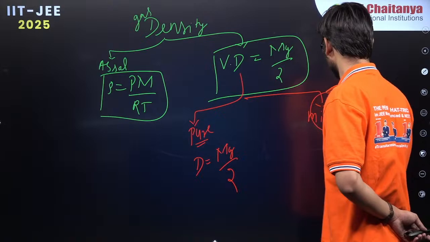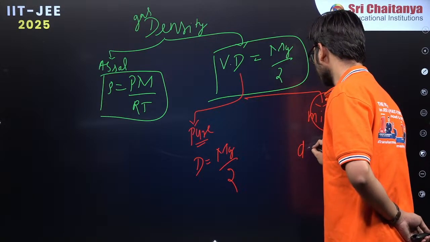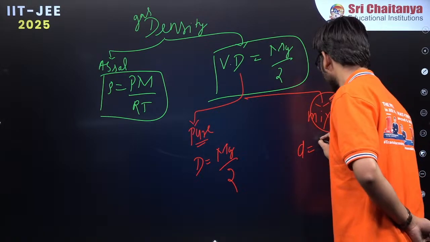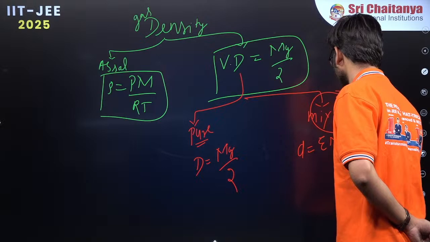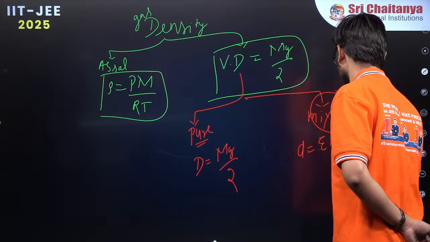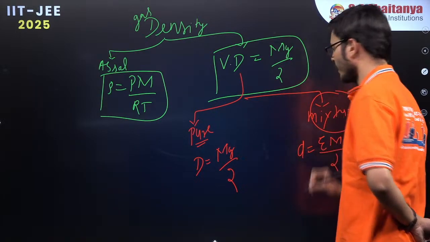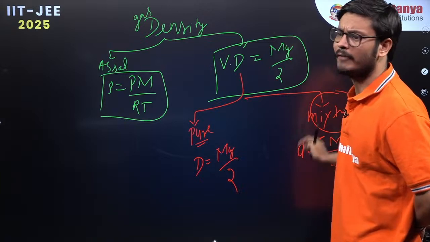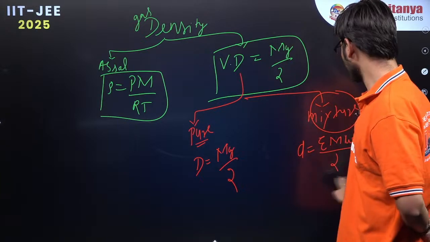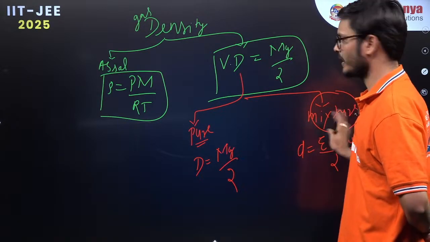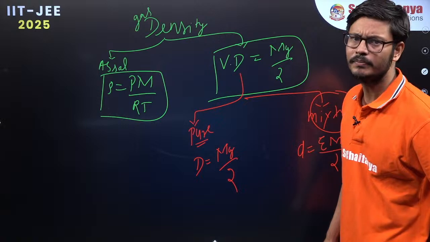But for the mixture of gases, we saw the formula is effective molecular mass, effective molecular weight, by 2, and we have learned how to calculate the effective molecular mass. We have seen already, right?